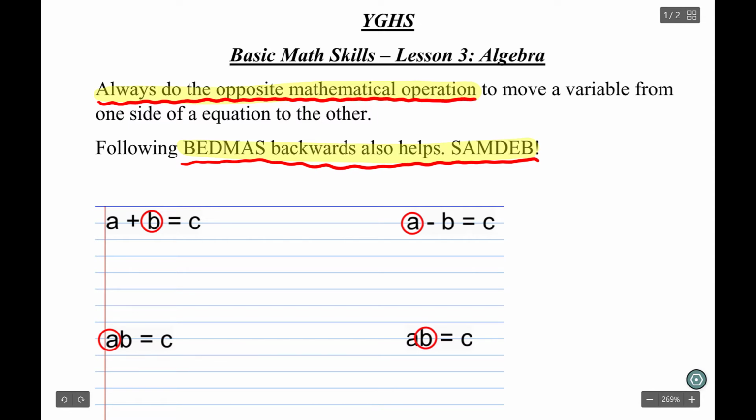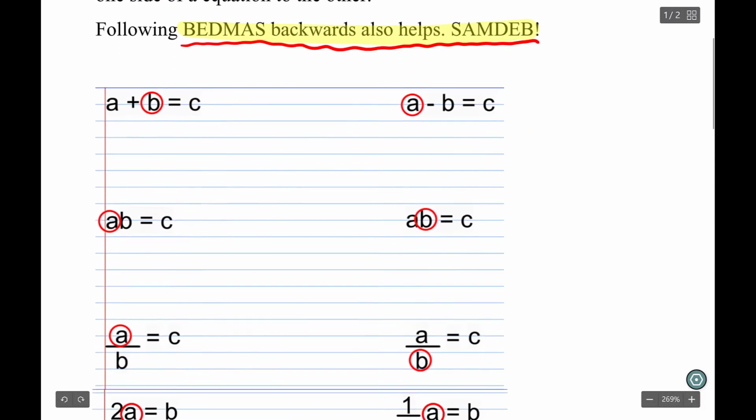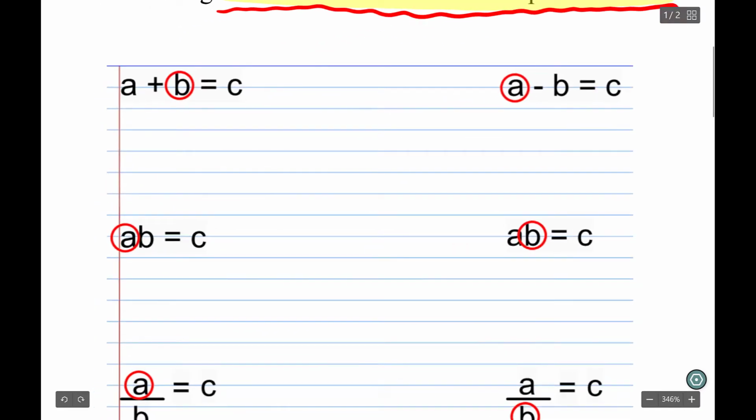So let me first explain what doing the opposite operation means on a couple of simple questions. We're going to rearrange and solve for all of the letters that are circled in red. If I wanted to isolate b on one side of the equation, that means I have to move the a to the other side.